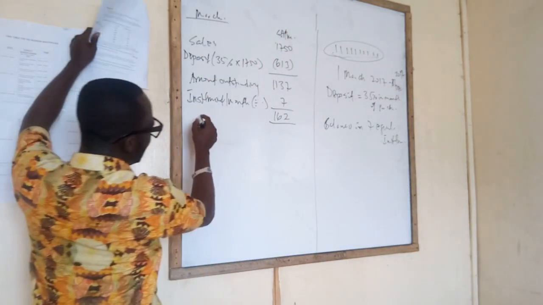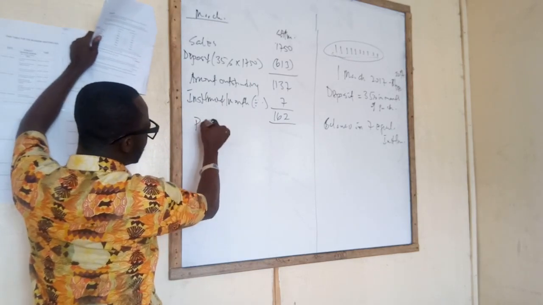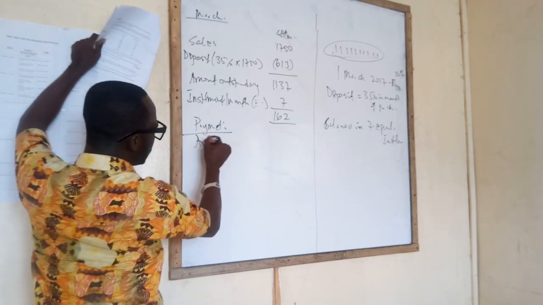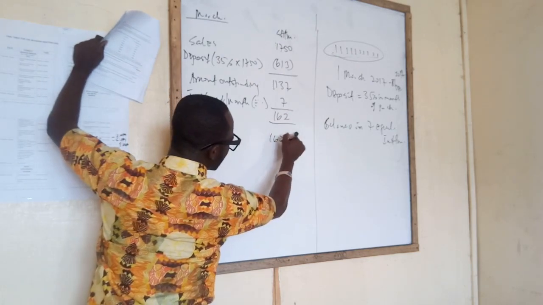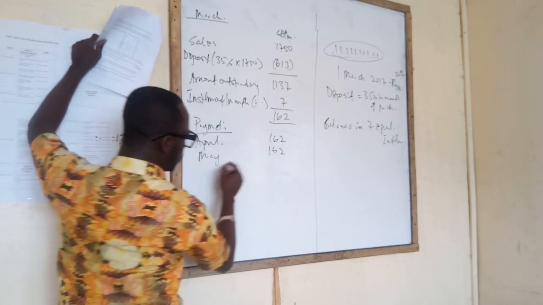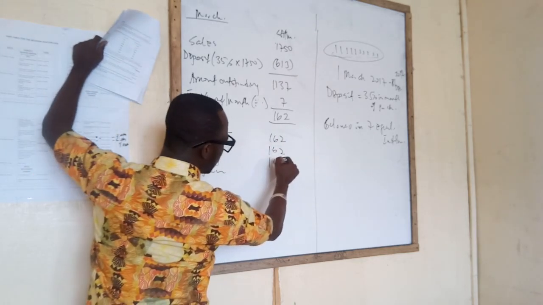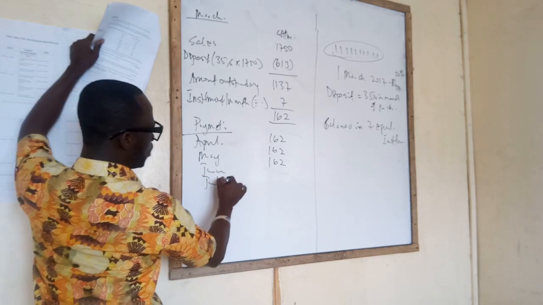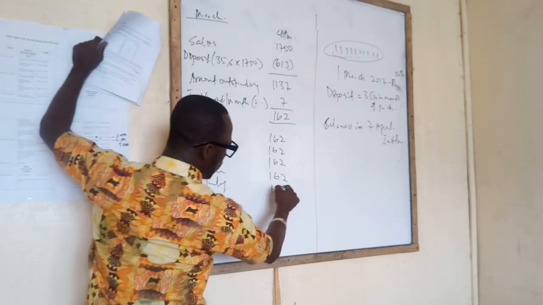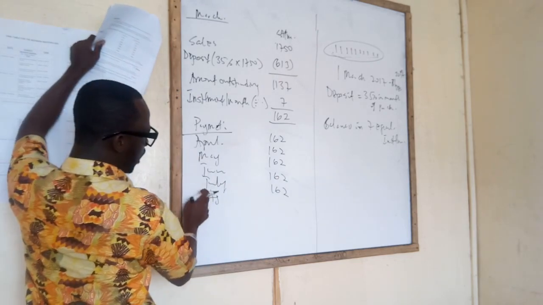So let's look at the installment payments. March, April, 162, isn't it? May, 162. June, 162. July, 162. August, 162. 1, 2, 3, 4, 5.